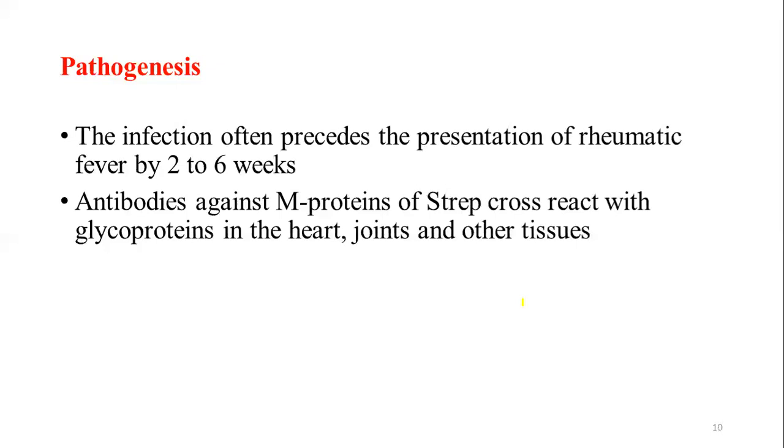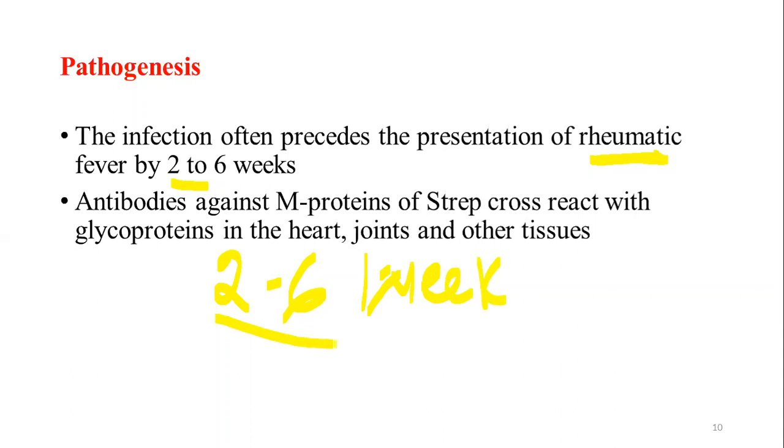And most of the time, rheumatic fever normally follows the pharyngeal infection by 2 to 6 weeks. So the patient most likely had pharyngitis infection 2 to 6 weeks earlier. Then after that, this antigen-antibody reaction can actually cause the damage.